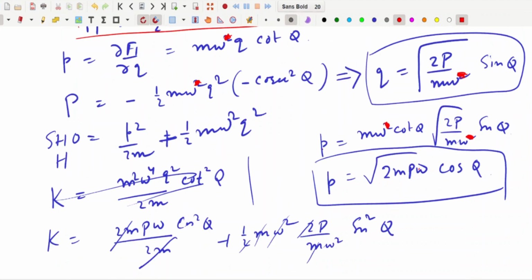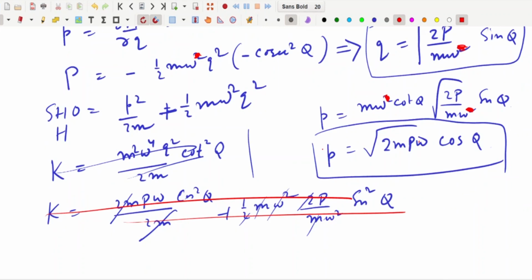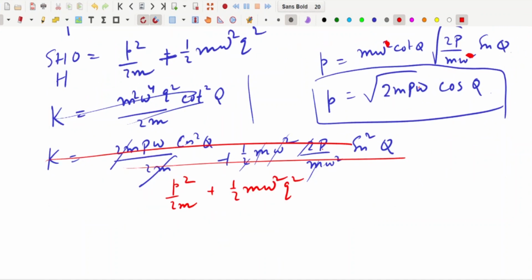So if I substitute this in the expression for the simple harmonic oscillator, it will be p square by 2m plus half m, here we have omega square. That is why I made this mistake.